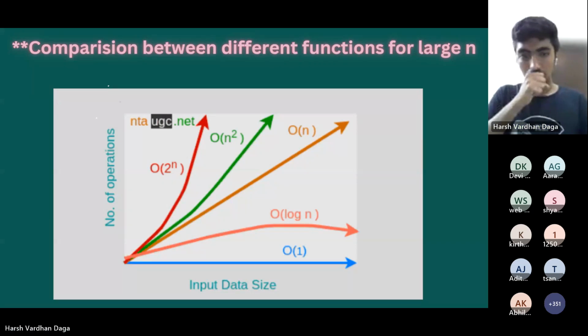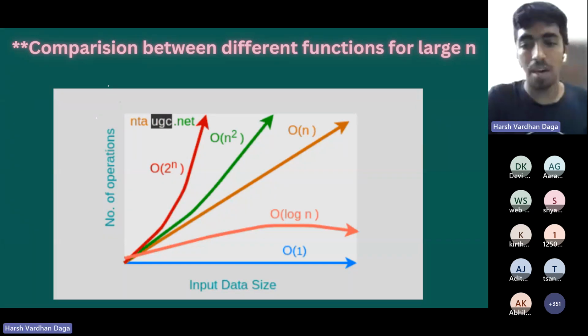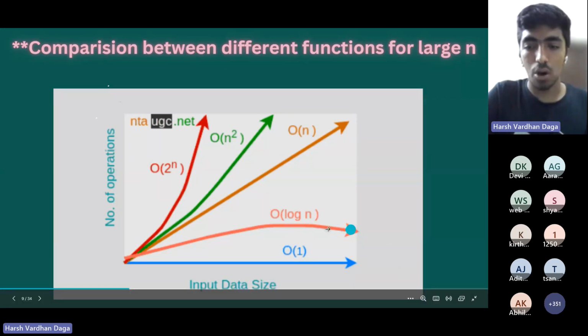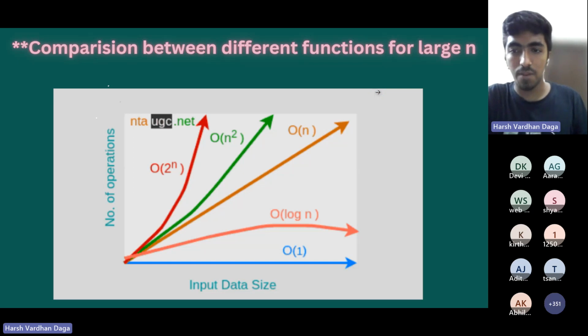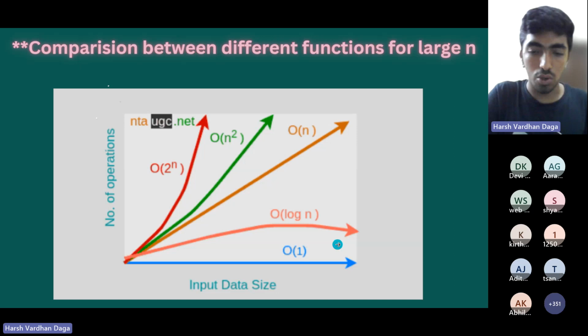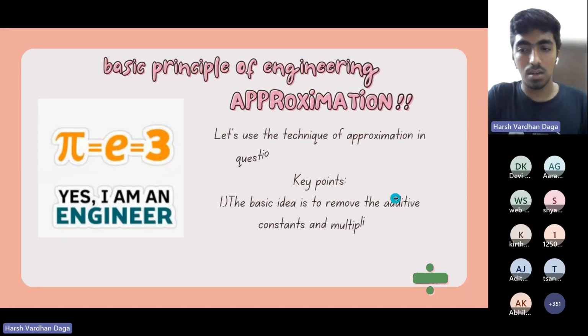See here, for arbitrarily large n's, the slope of the log graph becomes almost 0, and n has a constant slope. So for large n's, n will become much greater than log of n. So we can ignore that term with respect to n. Hence, it becomes O of n.